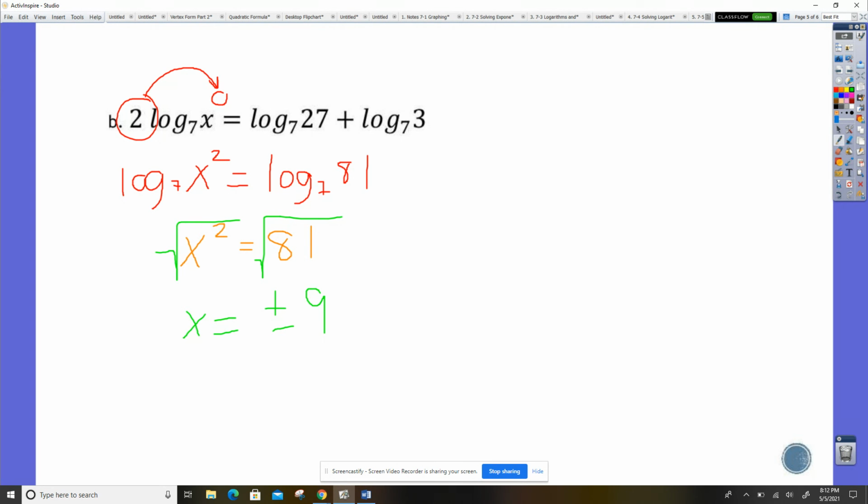Again, we have to check. And if I plug that back in, I can just look at it. 2 times log base 7 of x. If I plug in 9, it's going to work. If I plug in -9, it's not going to work. Okay? Because we can't take the log of a negative number. So my answer here is just positive 9.